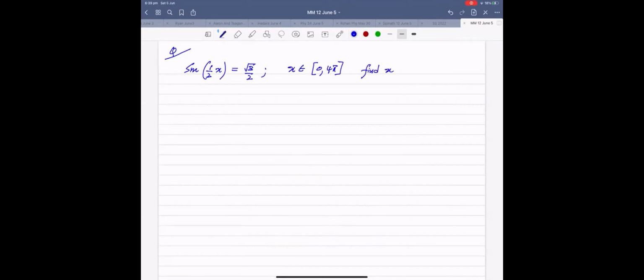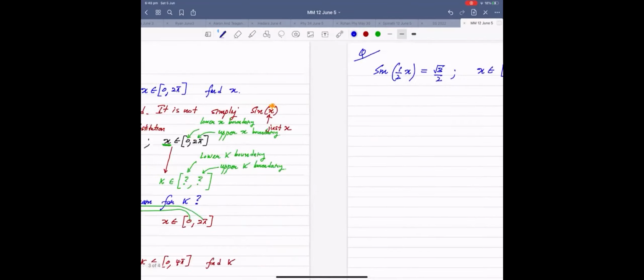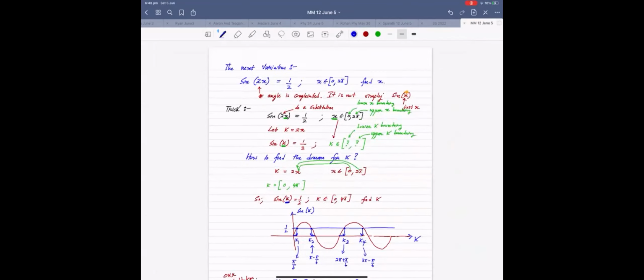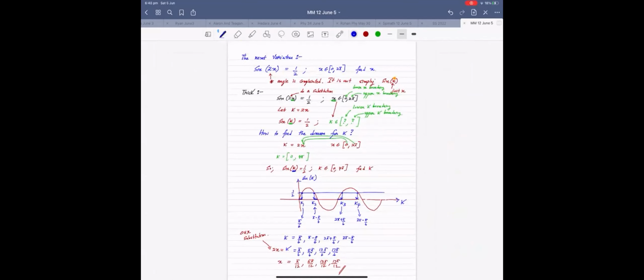Write down the question first. I will go to the previous page. So this is what we did.